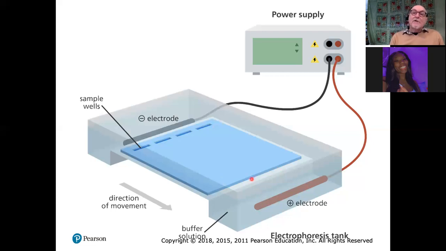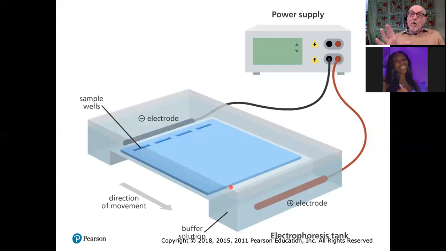So if I put an electrical field here, a positive electrode here and a negative electrode there, and I switch on the electricity, the DNA will start to move through the gel. But as it moves through the gel, the molecules get retarded by the actual gel matrix.